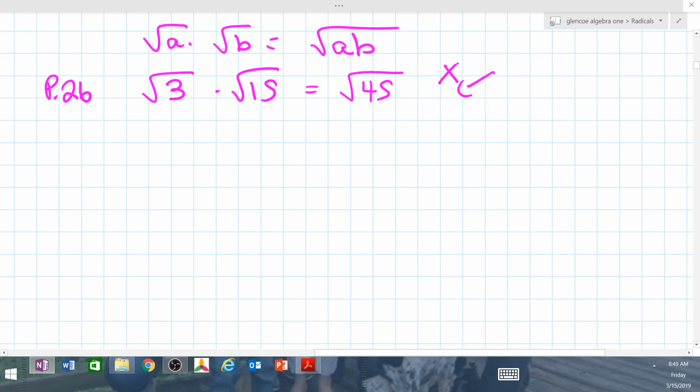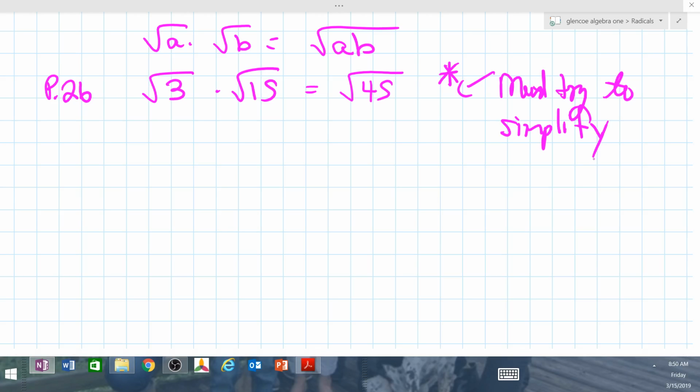Here is your big hint and asterisk. You must try to simplify. You cannot leave it as radical 45. And the reason you can't leave it as radical 45 is you're not sure if it can be broken down. So what you have to do is prime factor to see if this can be simplified further.